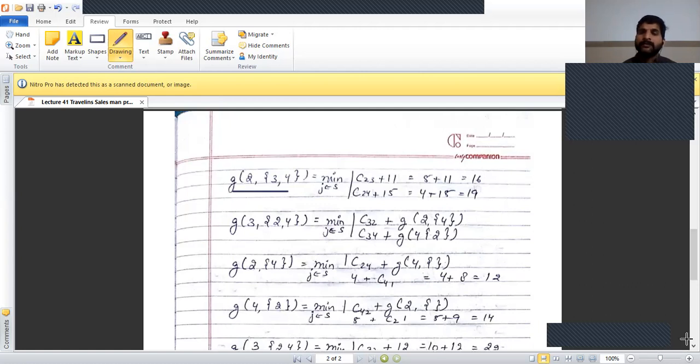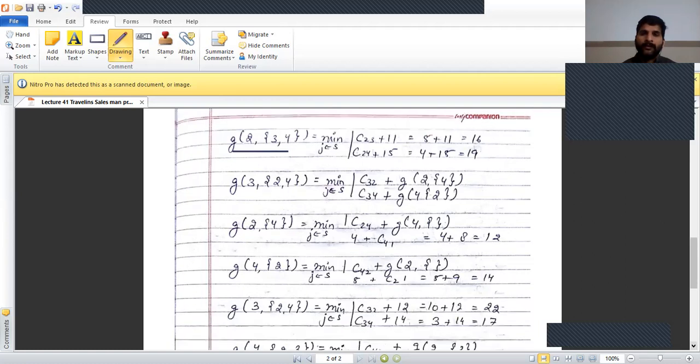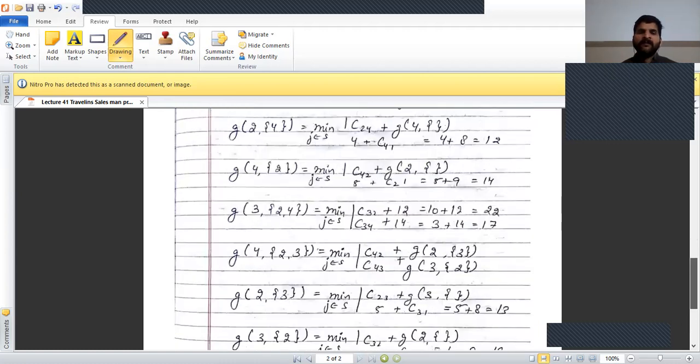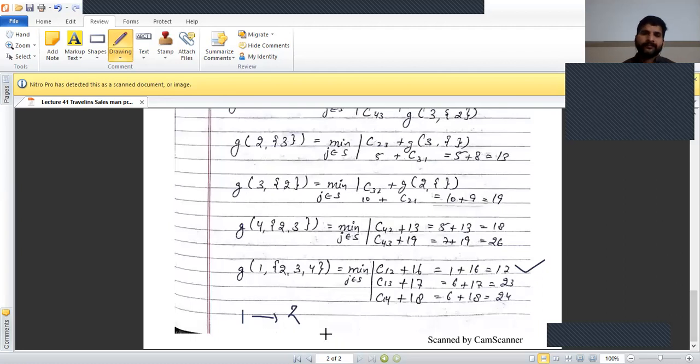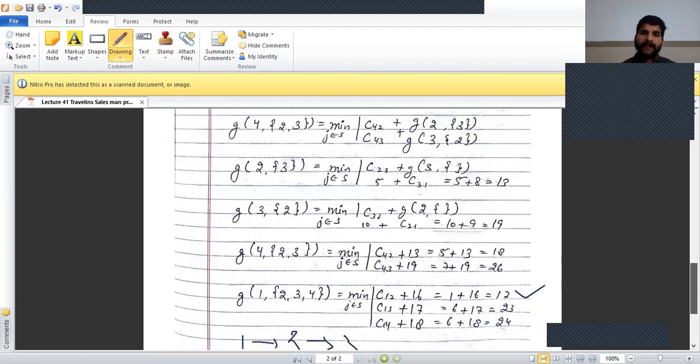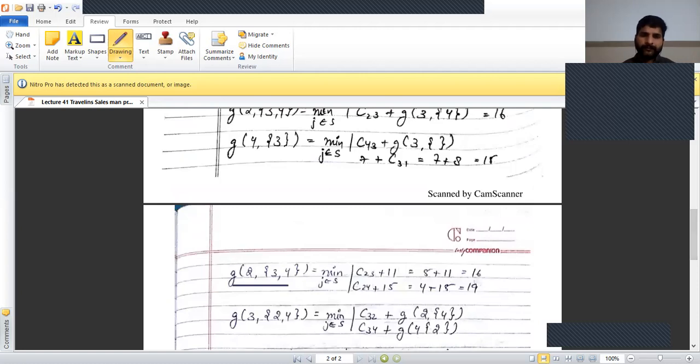Now the value of C(2, {3,4}), and we travel 2 to 3. After traveling 3, we have an option.